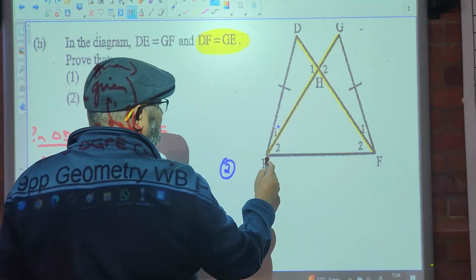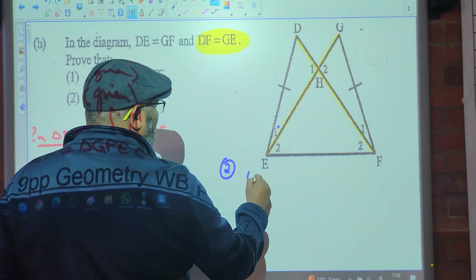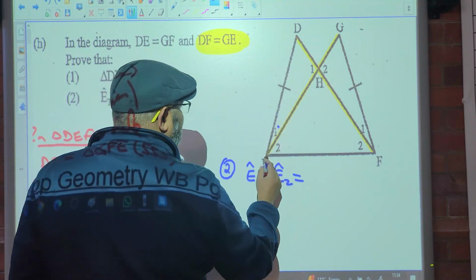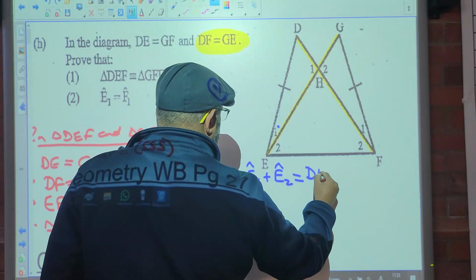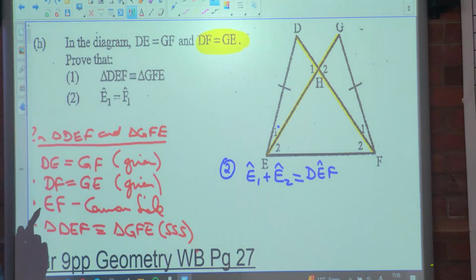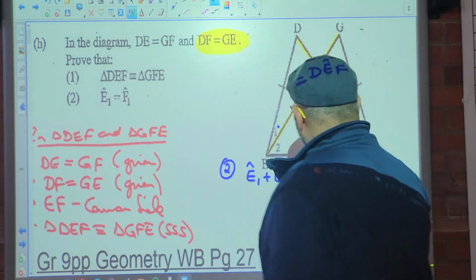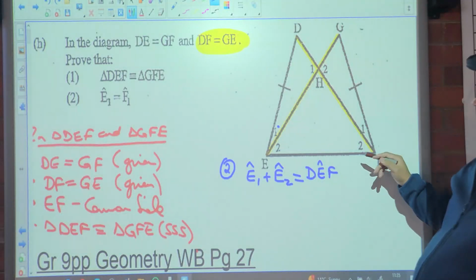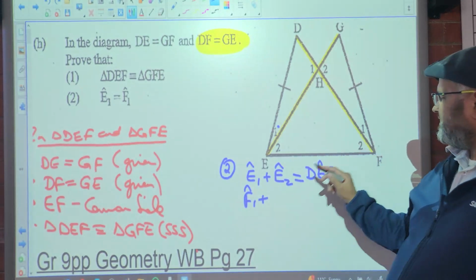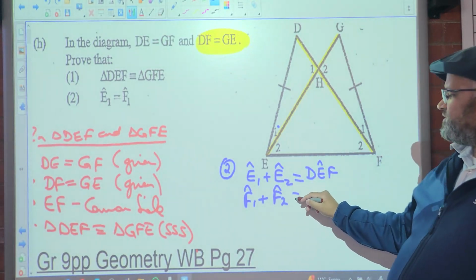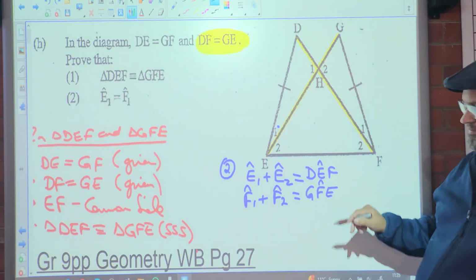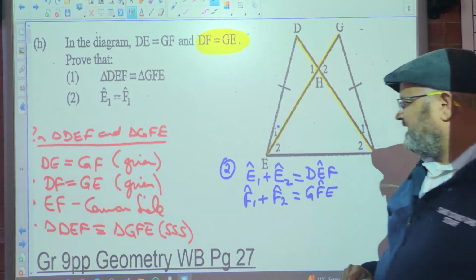So it's actually E1 plus E2 would give us angle DEF. Do we need a reason for that? No. You're not using Euclidean rules. This is basic addition. Then F1 plus F2 is equal to GFE.